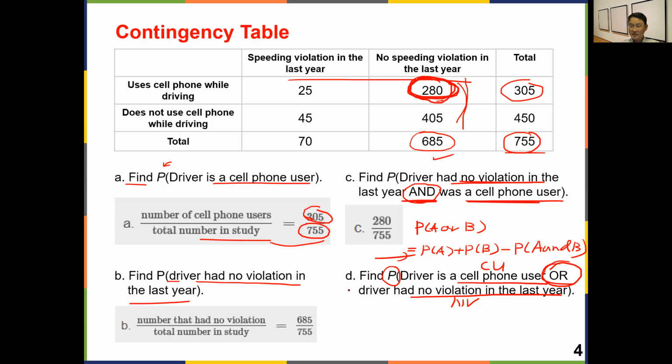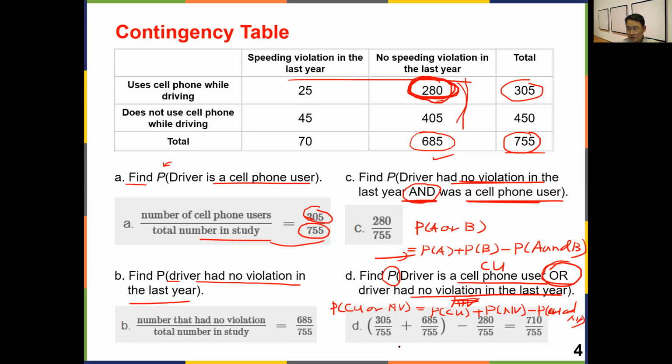You can say something like this. The probability that it's going to be cell phone user or no violation is going to be probability of cell phone user plus probability of no violation minus probability of cell phone user and no violation, right?